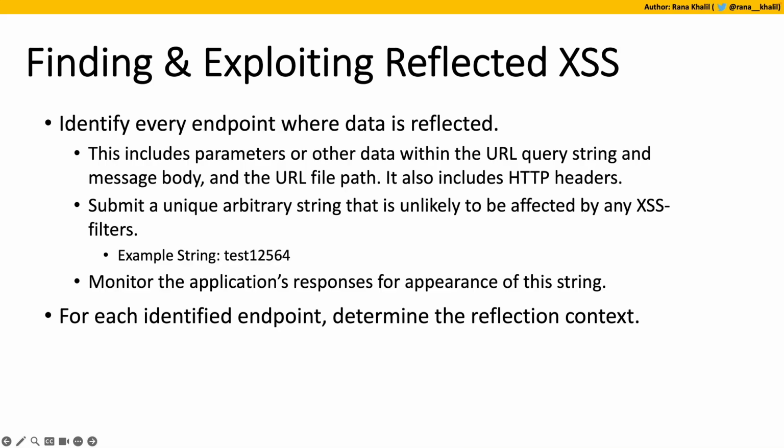That's the syntactic context in which the data is reflected. So for example, is it reflected in a tag attribute, or maybe it's reflected in a script element, or even an attribute containing a URL? Depending on where it's reflected, the payload will be different. So it's important to understand the payload context, and then based on that, test your candidate payloads.